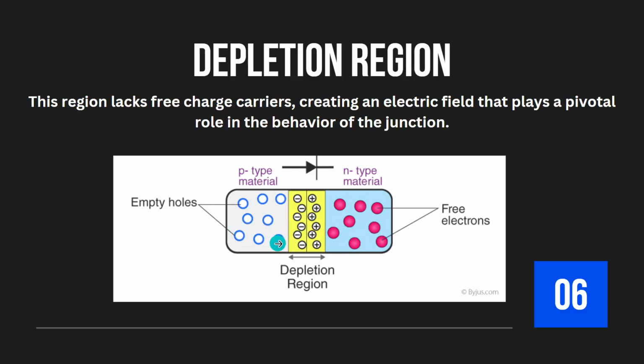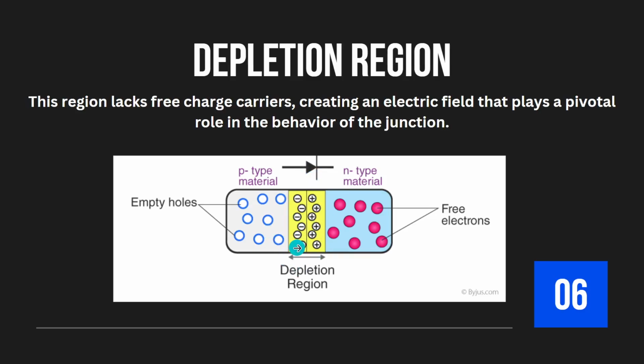So when we put these two materials together, there's going to be a depletion region formation right here. Some of these electrons are going to be near the empty holes, and some of the holes are going to be near the n-type. By the way, these plus circles mean that these are holes. So this is the depletion region.